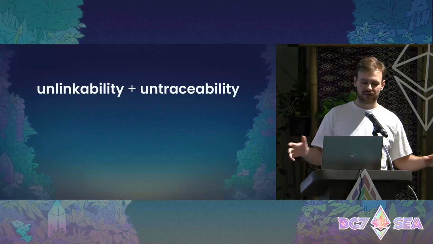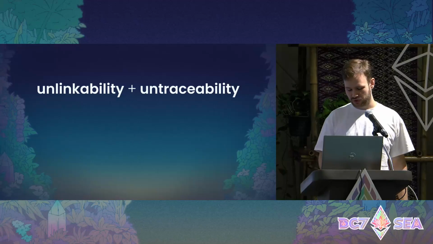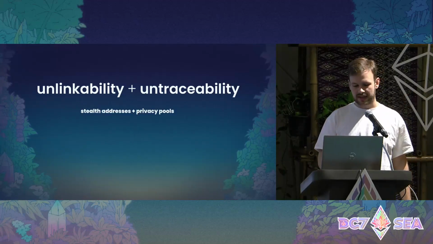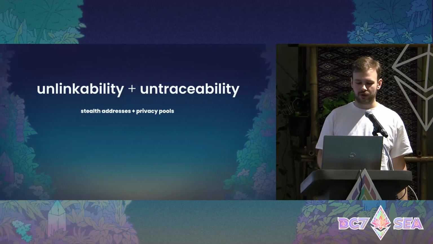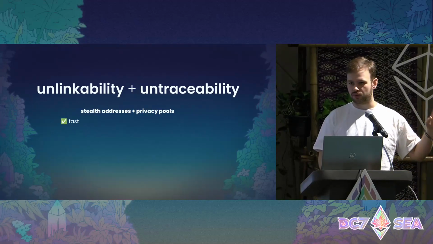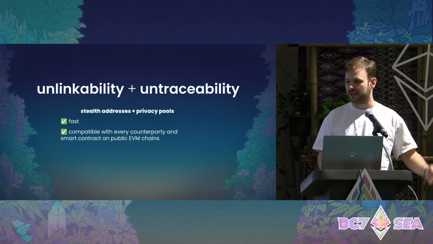And so what we think is the ultimate privacy stack in the future is that you combine these two things together and have something where you have stealth addresses where you can receive payments day to day very easily without your counterparty having to do anything on their end, and you can just interact with any contract through that.